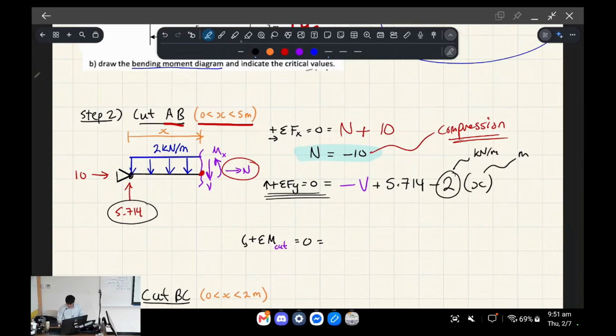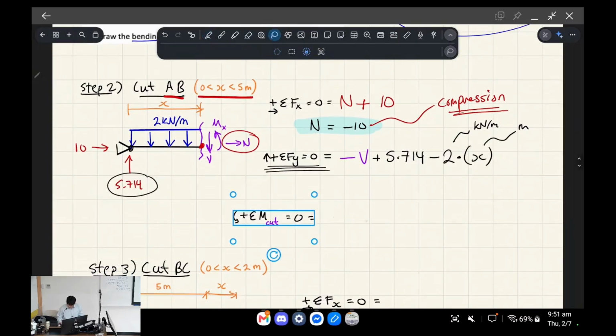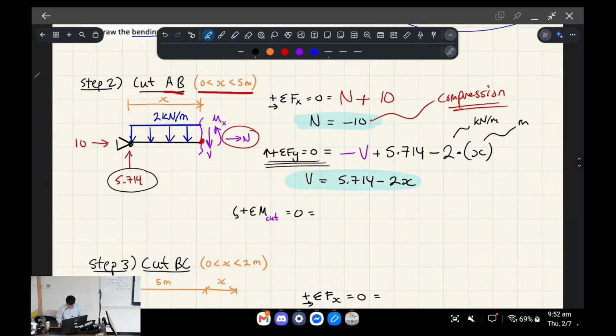And when those two things multiply together, it gives you the answer in kilonewtons, but it's a variable amount of kilonewtons, right? Okay, so we're going to solve for V, which is just a matter of moving this onto the other side. And we find this gives us this expression. So this is the line equation for our internal shear force, right? Okay, so that's all good.